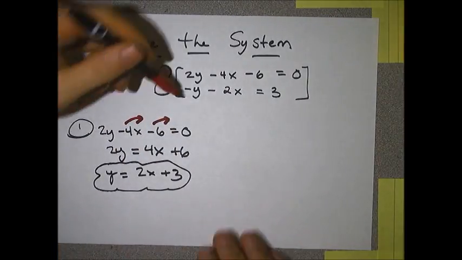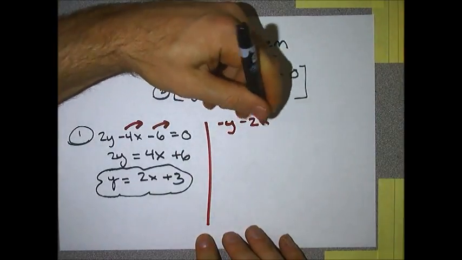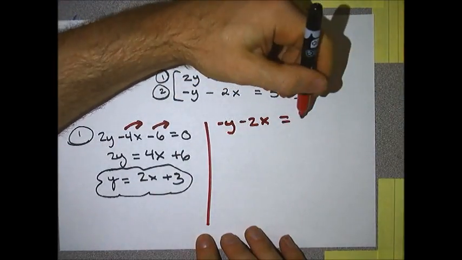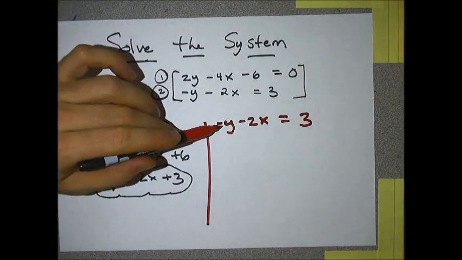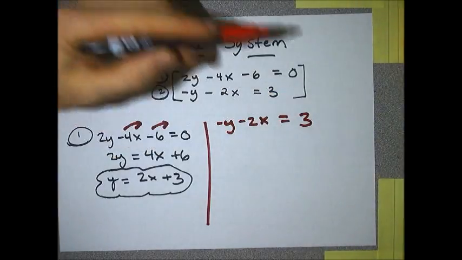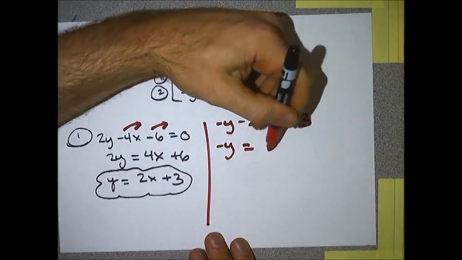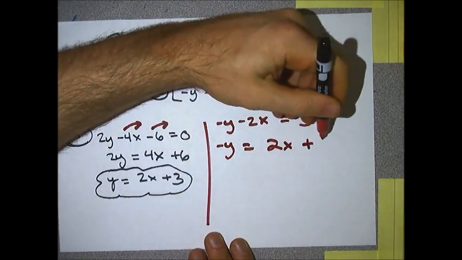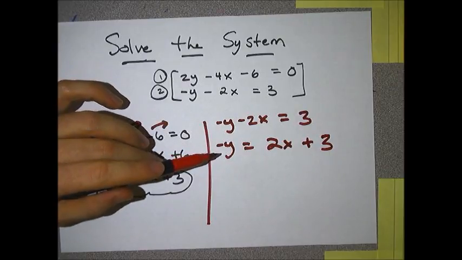And then I take the other equation, -y minus 2x is equal to 3. And to solve that one, again, we want to get y by itself. So I'm going to take the -2x and add it over. So -y is equal to positive 2x plus 3, and I don't want -y, I want y.